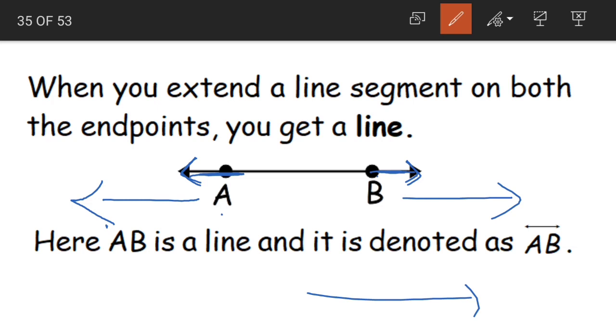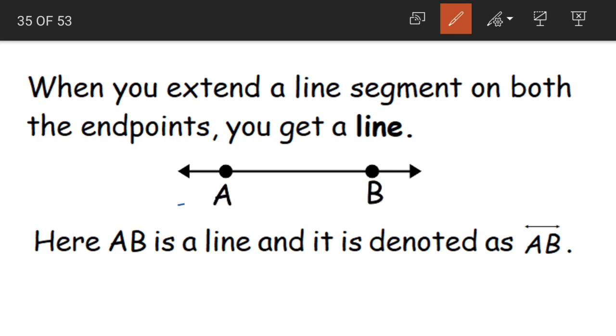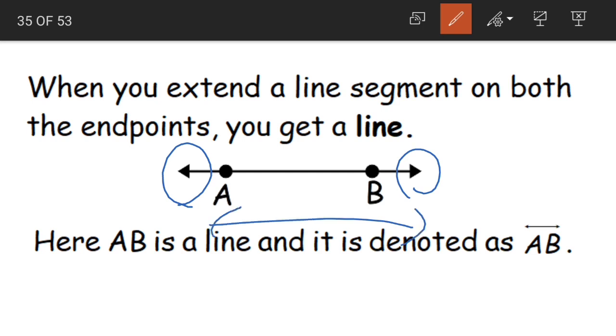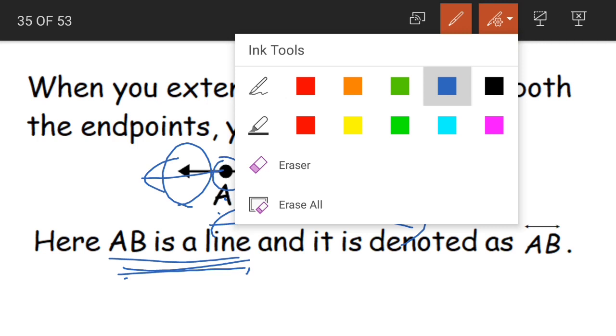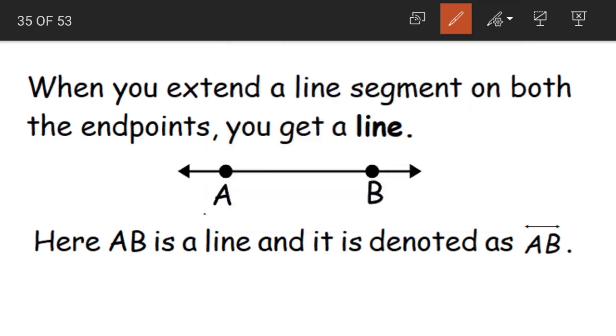As we can extend this from both the directions, from both the end points, this is not called a line segment, it is called a line. AB becomes a line here. These are not the end points. Even after the end points, we can extend our line segment. So that is why AB here is called a line.